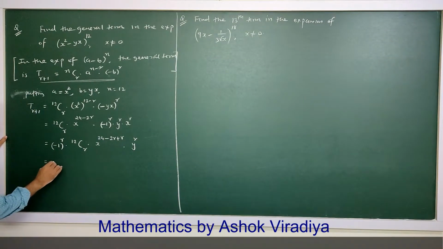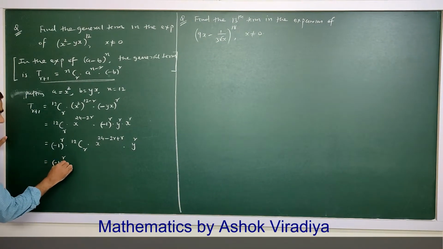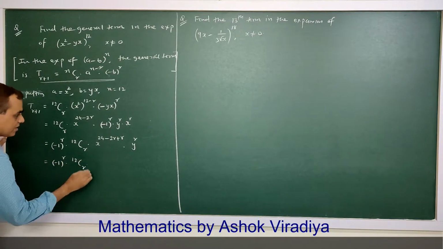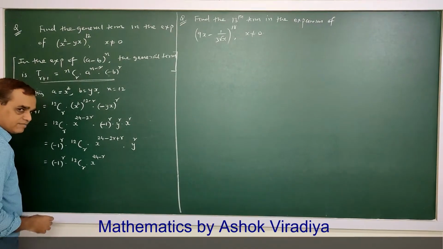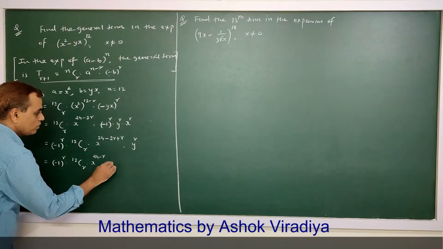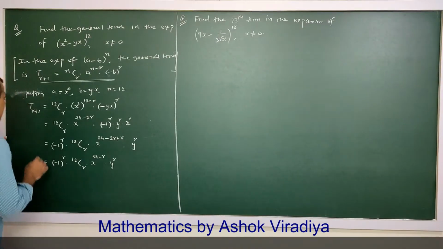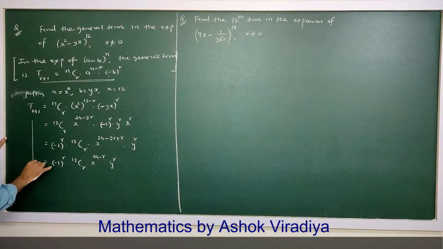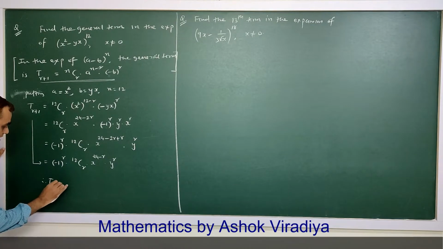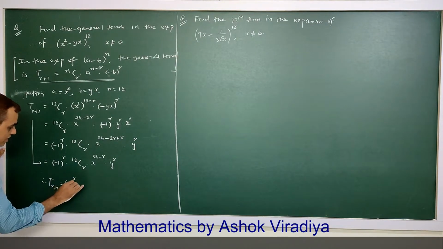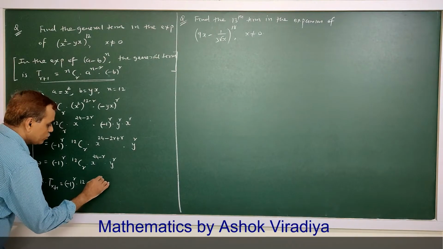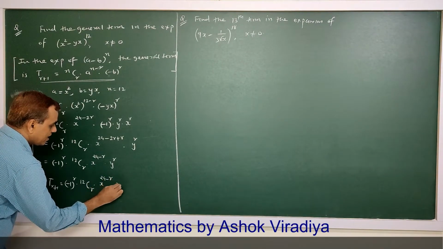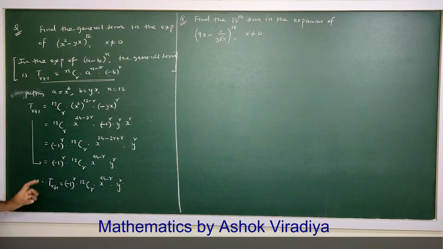So this is minus 1 raised to r 12cr x raised to 24 minus r into y raised to r. So this is the general term. Therefore the general term is minus 1 raised to r 12cr x raised to 24 minus r y raised to r.